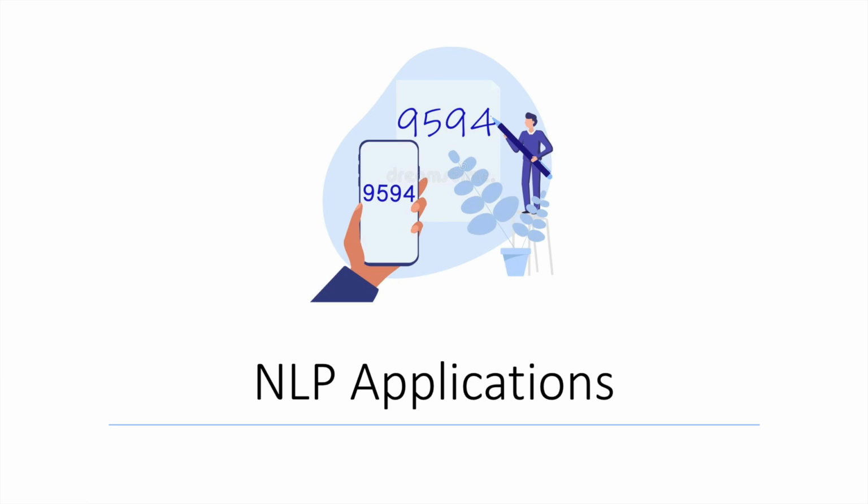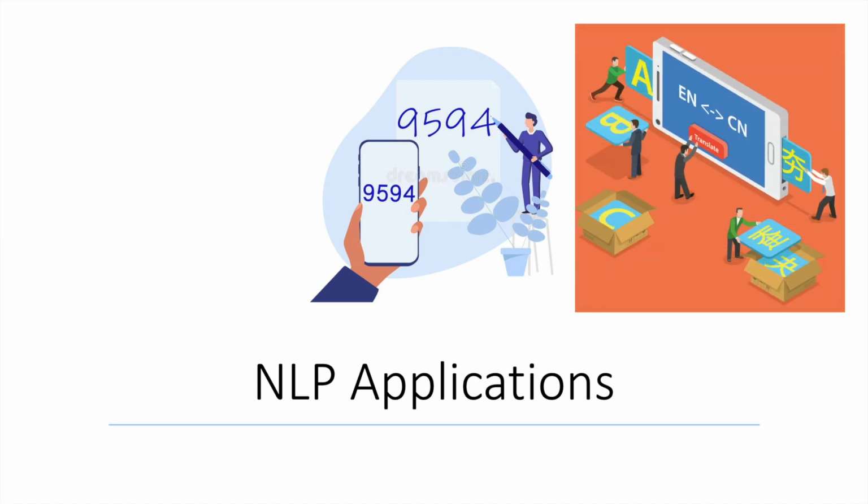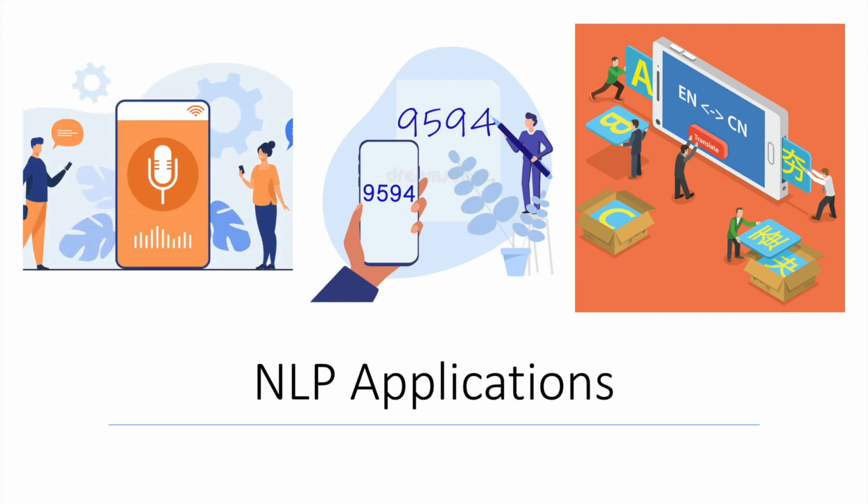For example, phones and handheld computers support predictive text and handwriting recognition. Machine translation allows us to retrieve text written in Chinese and read it, I don't know, in English or vice versa. Voice assistant applications like Siri and Alexa are here to stay, and we are seeing them being used more often by day.